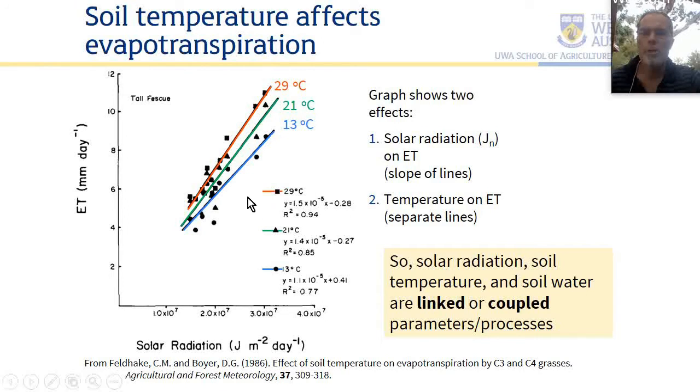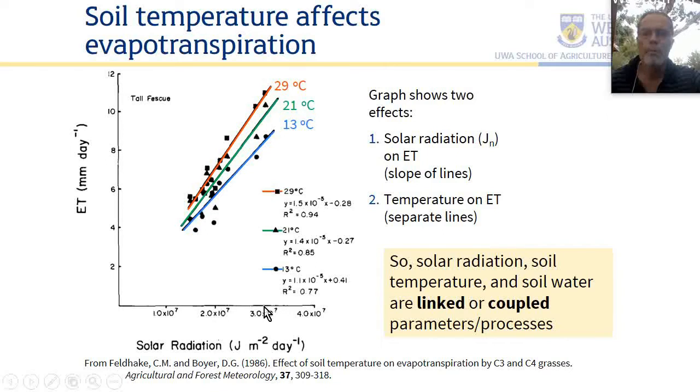So let's just take one vertical line, say at 2 by 10 to the 7 joules per square meter per day, and we've got soil at 13 degrees and 21 degrees and 29 degrees. And so the evapotranspiration increases as the soil temperature increases, even though the amount of solar radiation is the same.